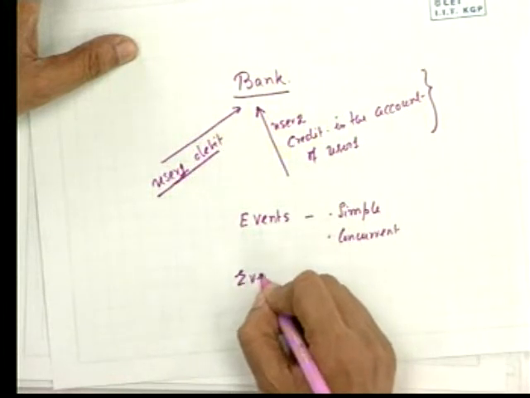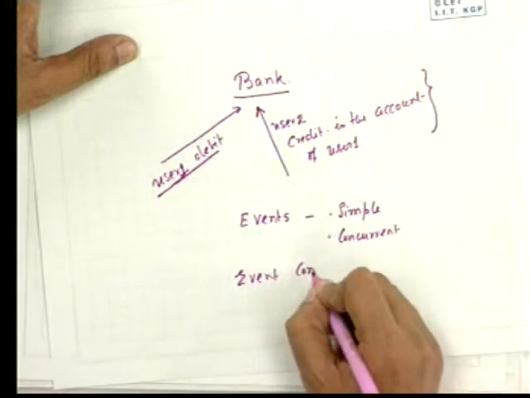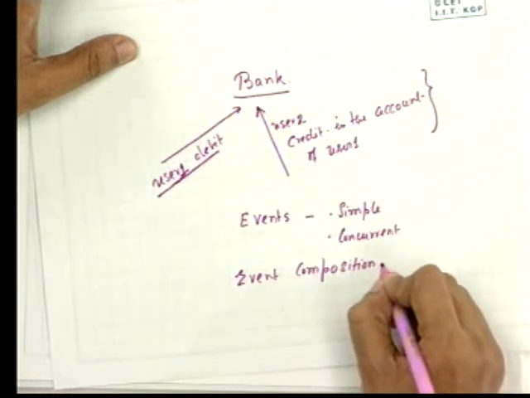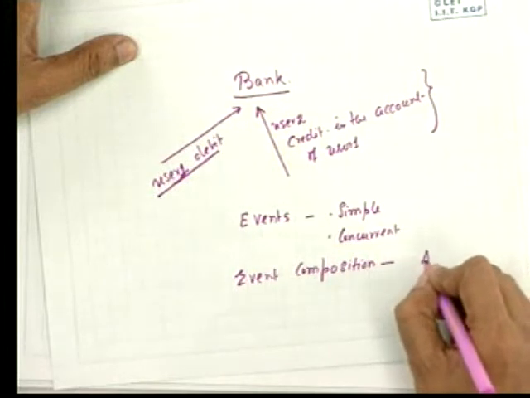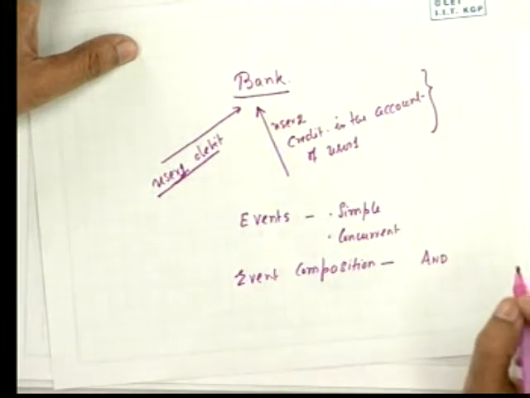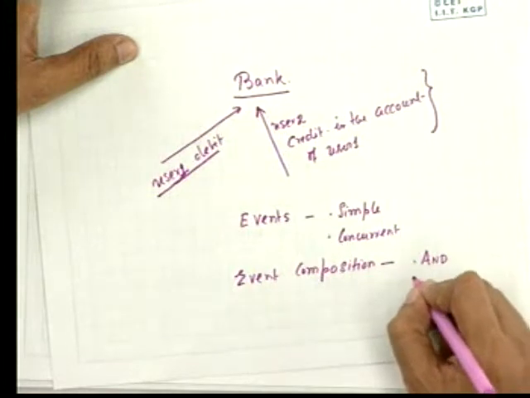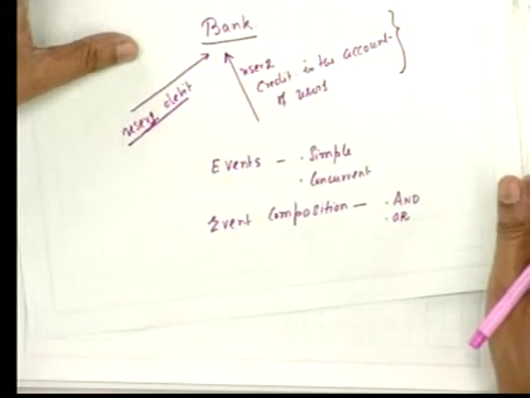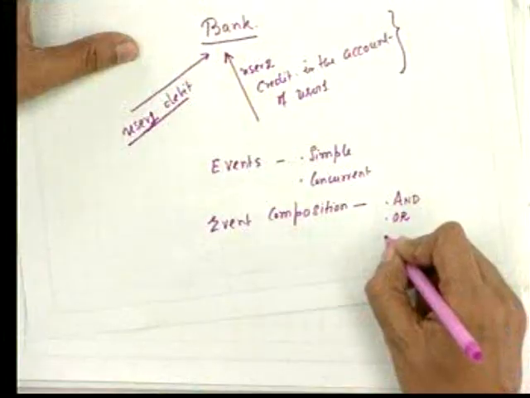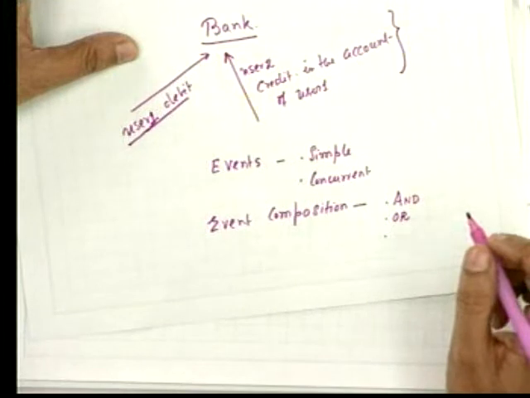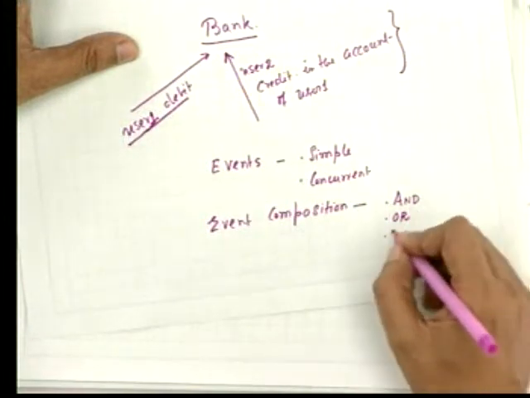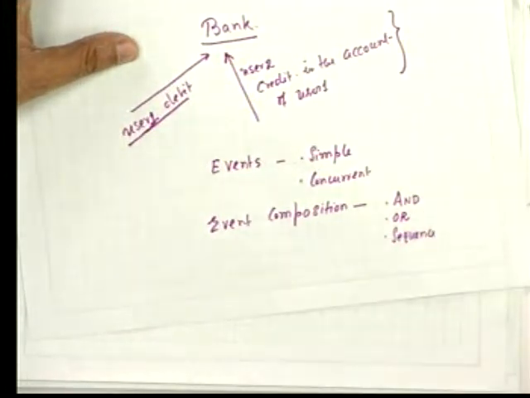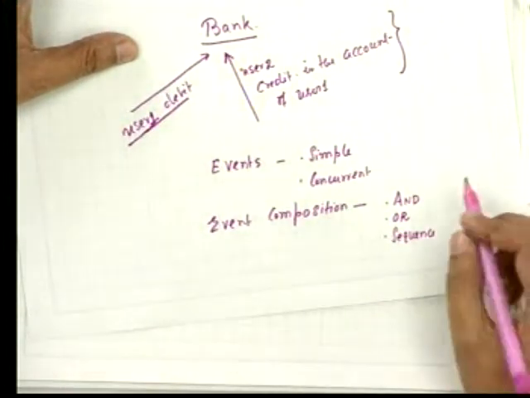We may have to deal with event compositions, where the composition operators mean that if event 1 and event 2 have occurred, it can be an OR, that means if either of the events has occurred, then it performs some action, or it may be in sequence. That is, if event 1 has occurred followed by event 2, then we will be interested in that.